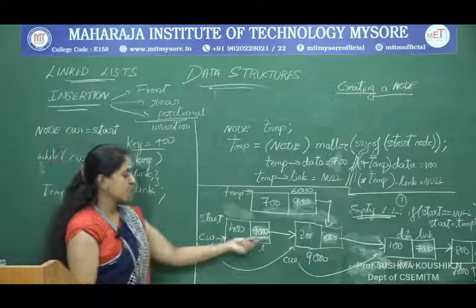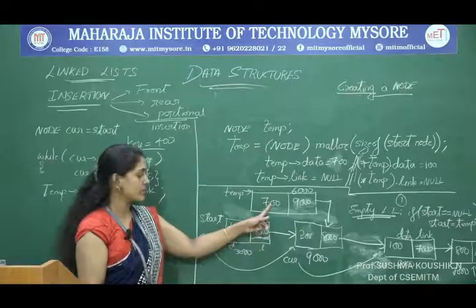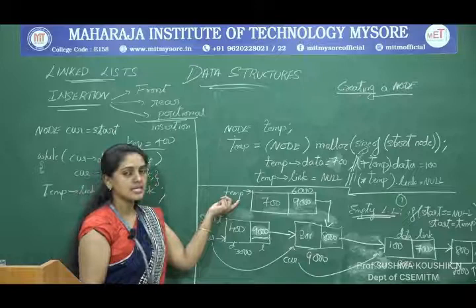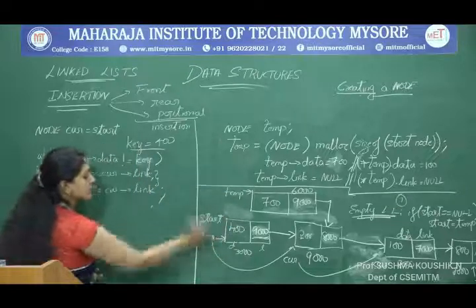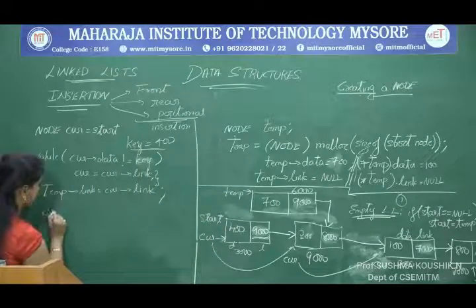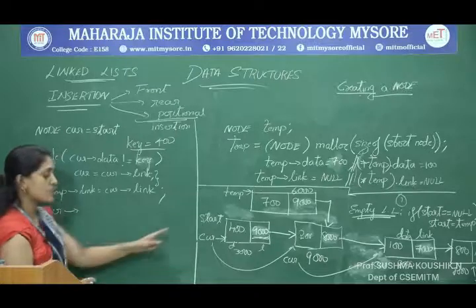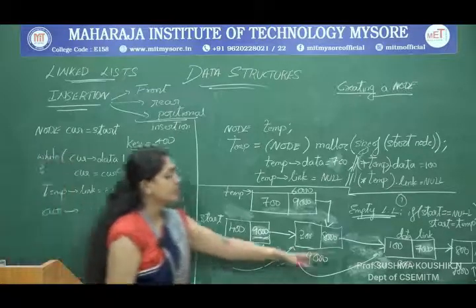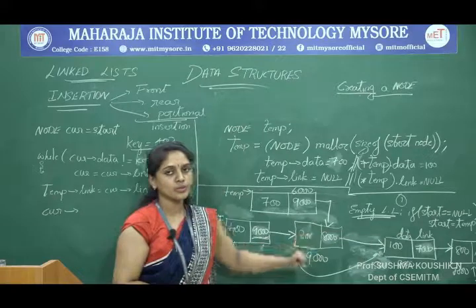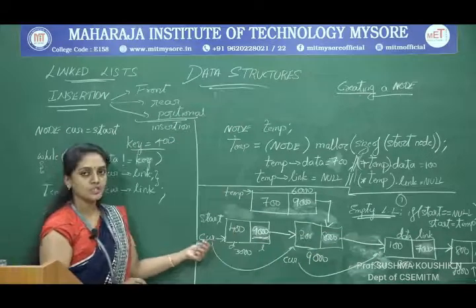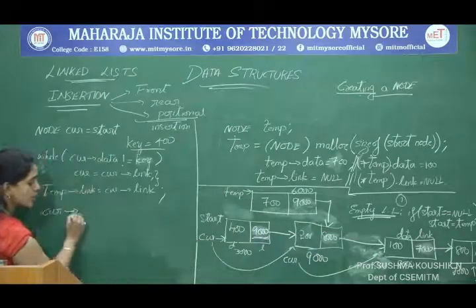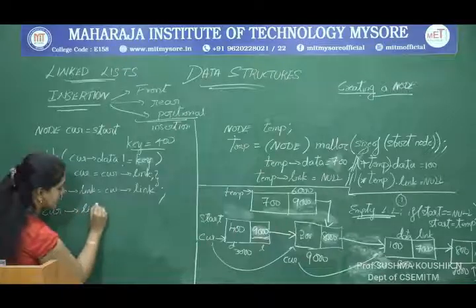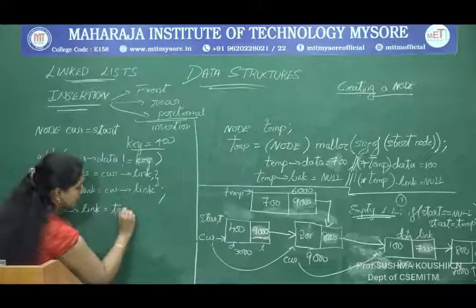The only thing left is to override this with the new node's address. The new node's address is there in temp. How to fetch this particular location? It is through current. Here in this scenario the start is also pointing, but if somewhere in the middle you want to insert, you cannot fetch through start. That is accessed only through current. Therefore current of link is equal to temp.